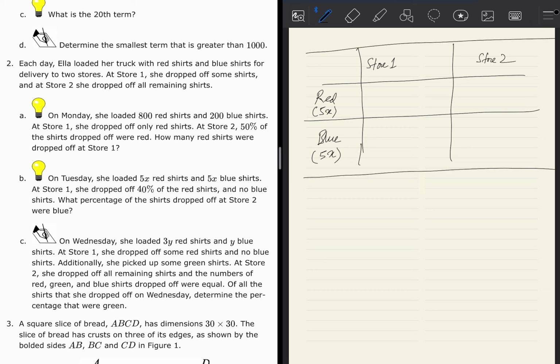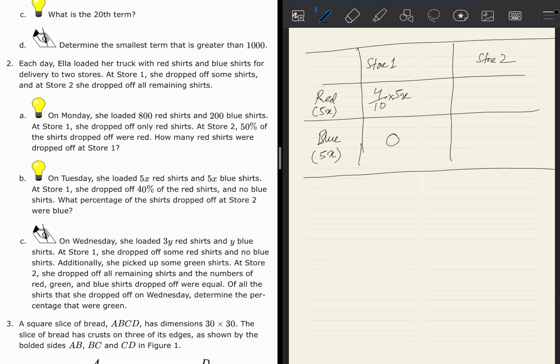Now it says that at store 1 she dropped off 40% of the red shirts. 40% can be written as 4/10 of 5x. And no blue shirts.